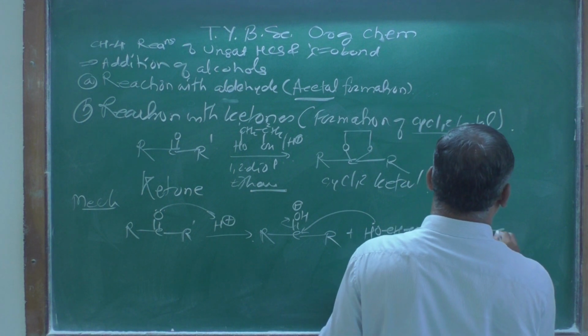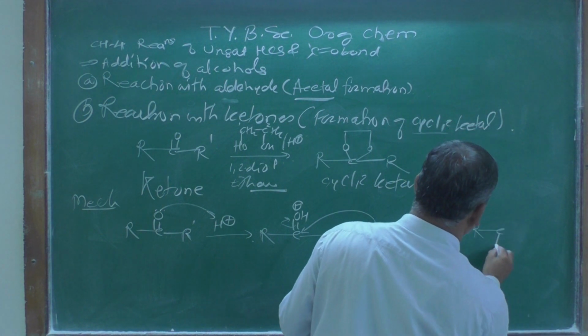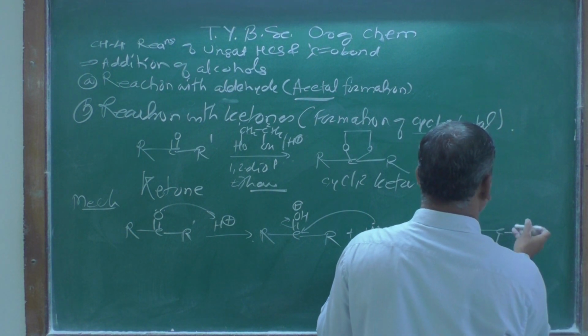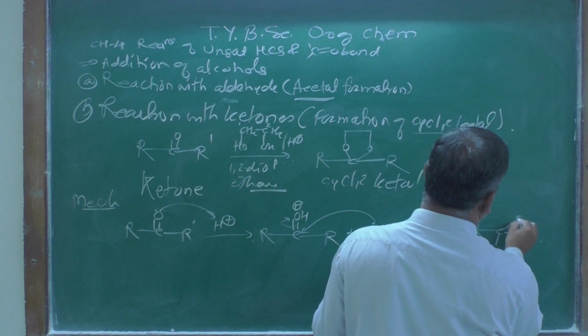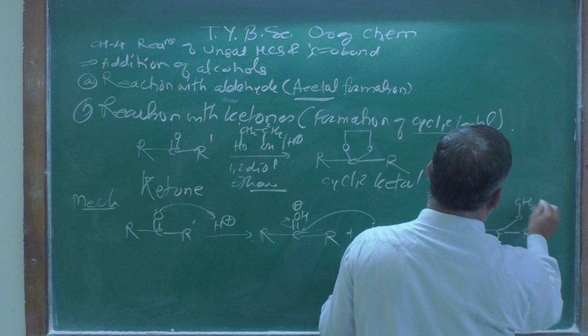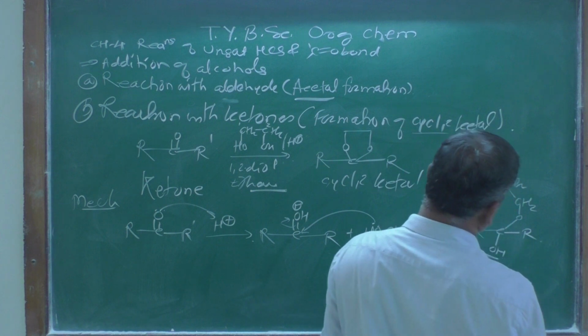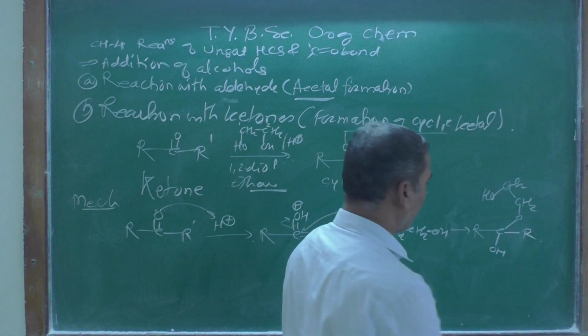Here R, C, now I am writing OH here, and then this R, then here O, then CH2, here CH2, and now H. Now you can see clearly, right?